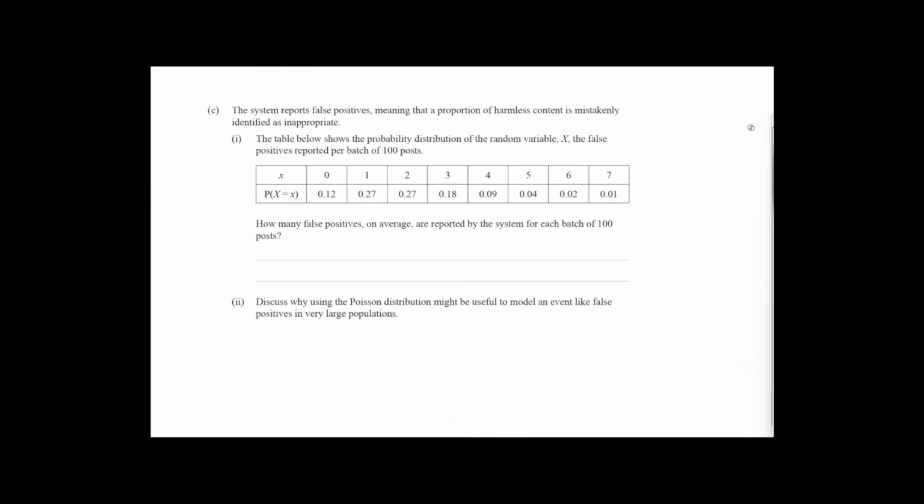The next question: the system reports false positives, meaning that a proportion of harmless content is mistakenly identified as inappropriate.